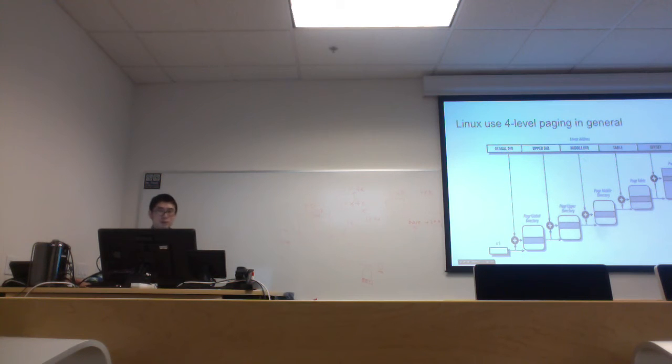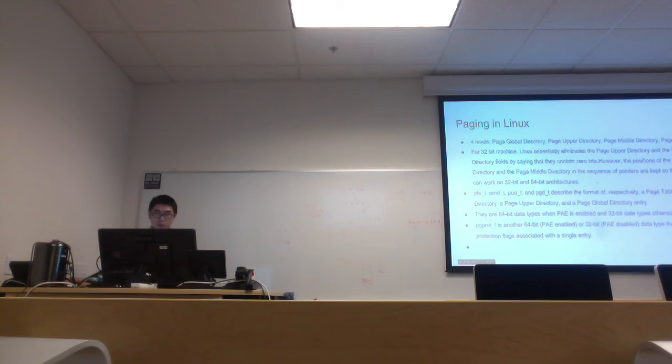This literally means the upper directory only contains one entry that points to the previous level. So in this way, you can always use the same code to walk different levels of page table in Linux.